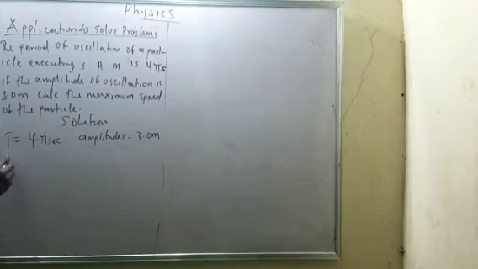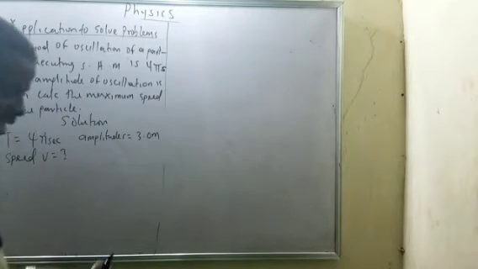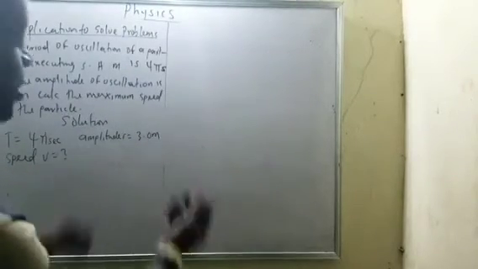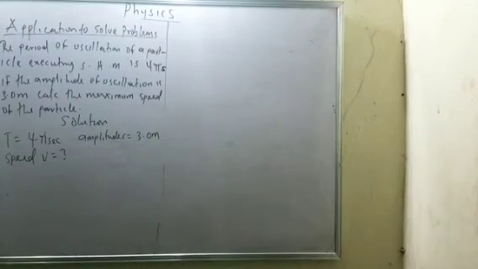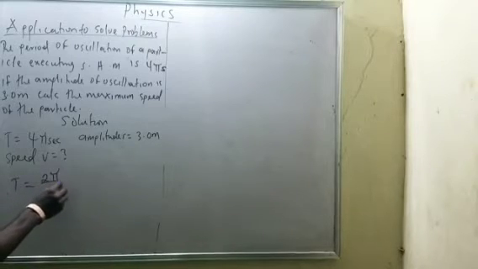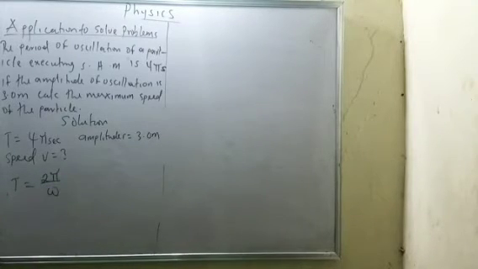Now, my velocity, which is known as speed, which is V, I don't know it. Now, I think this one from the 11 equations I've listed will be of help to me, which is T equals 2 pi all over angular velocity.